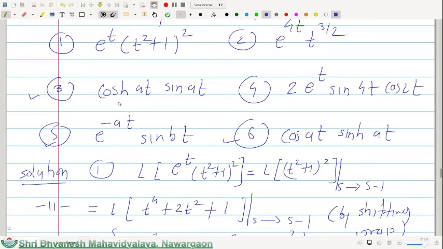We will use the formula for cos hyperbolic at in terms of exponential function, which I have already given you. That formula will then be multiplied by sin at.